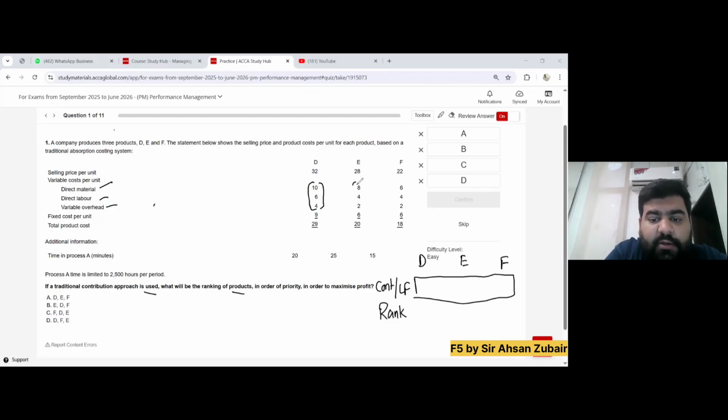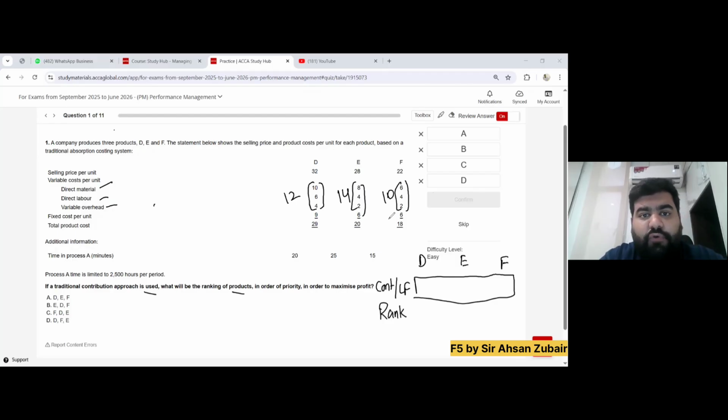So 32 minus 10 minus 6 minus 4 is 12 contribution for D. For E, 28 minus 8 minus 4 minus 2 is 14 contribution, and 22 minus 6 minus 4 minus 2 is 10 contribution for F.